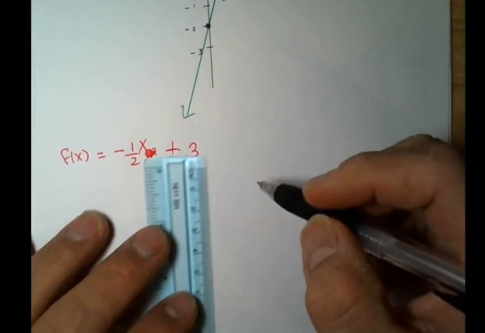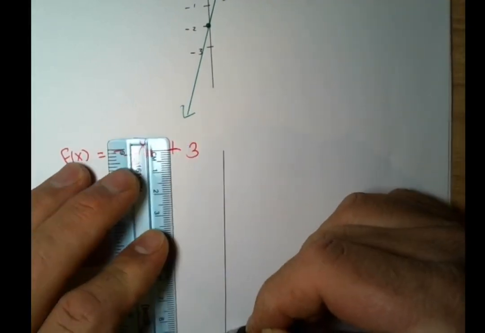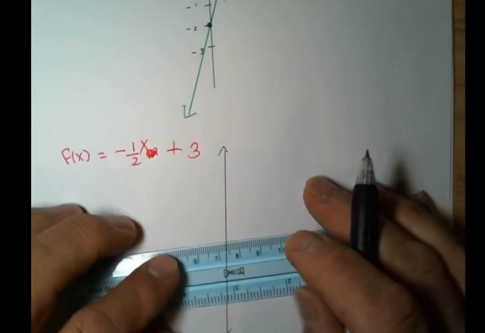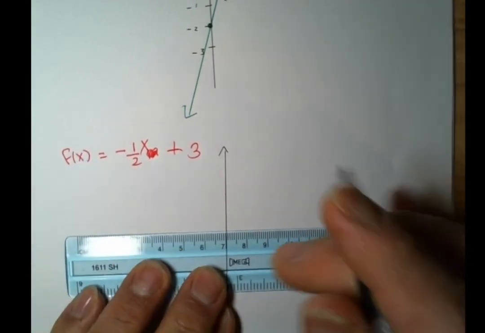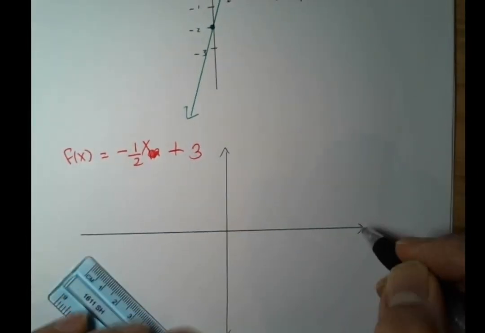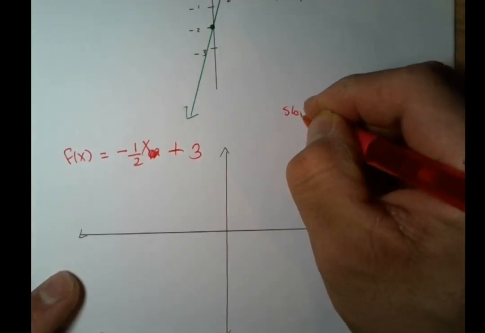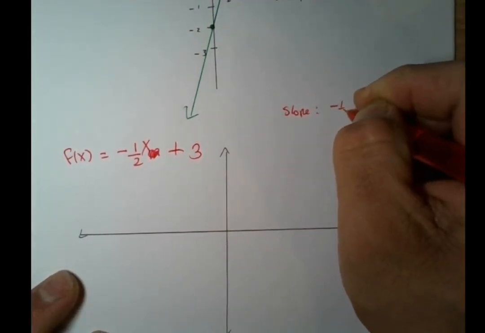It's in slope-intercept form, so I don't need to calculate anything, once I know what those pieces of information are telling me. I know the slope. The slope is negative 1/2.